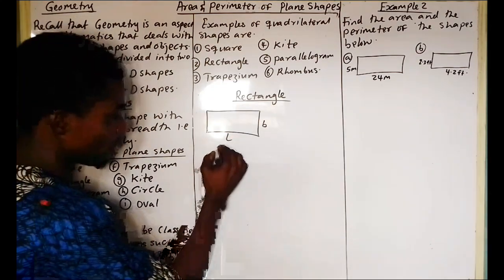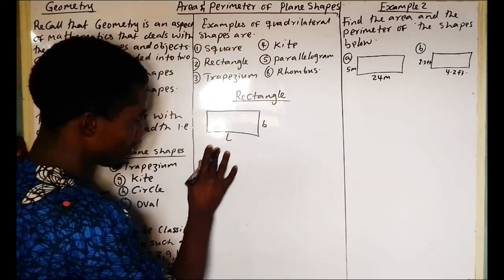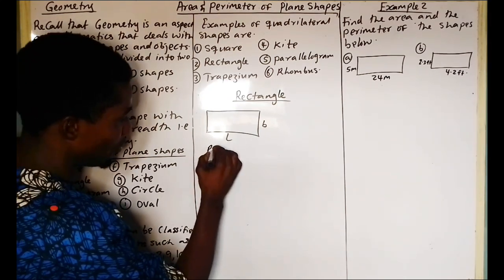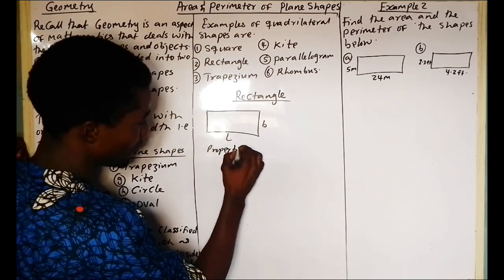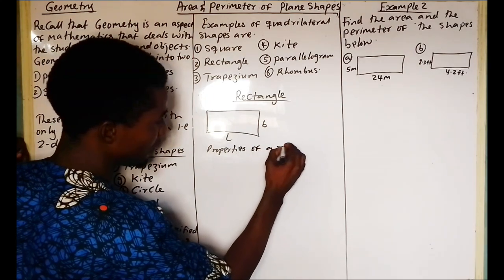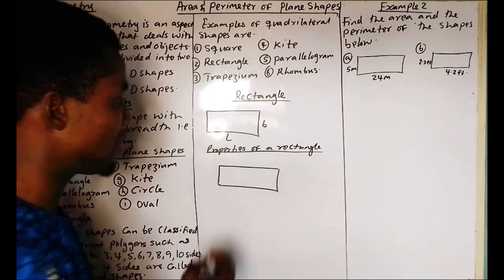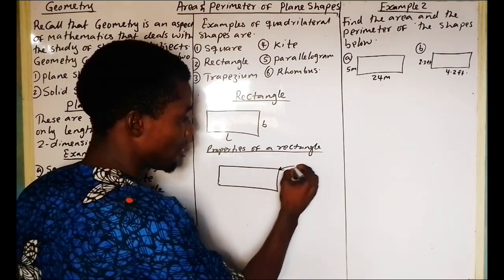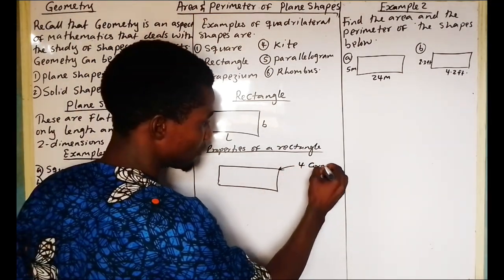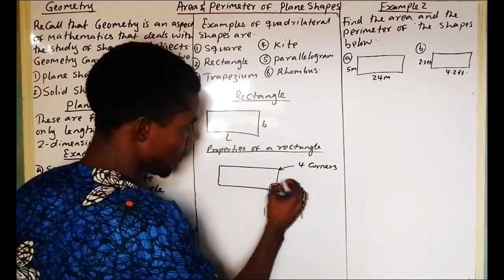Now, before we proceed, let's talk about the properties of a rectangle. A rectangle has four corners. It has four sides.